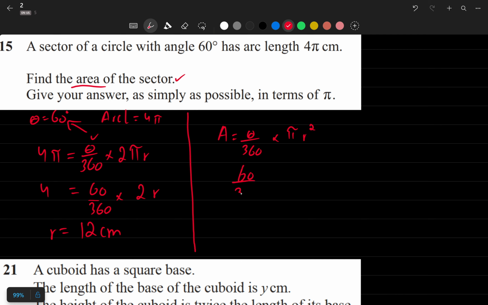Theta is 60, so 60 by 360 into pi. Radius is not 11, it is 12, so 12 square. Solve this on a calculator and the answer is 24 pi. It is in terms of pi.